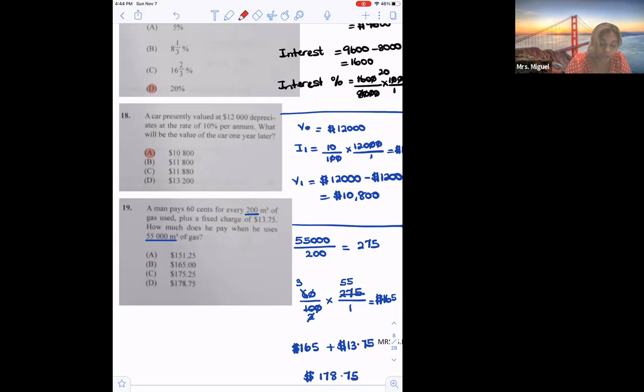But look at the options. So if you reach 165 and you have to add 1375, then D is the only option with 75 cents. All the others have 25, no, B only has dollars and C has 25. So that is one way of figuring out the correct answer.